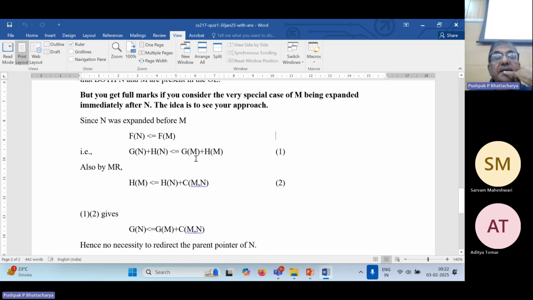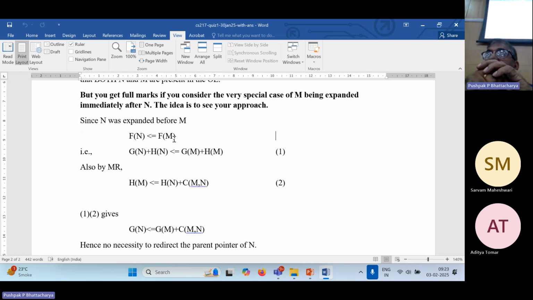In that case, the value Gm cannot be less than Gn. If the path of M to S has a part passing through N, then how can Gn be more than Gm? So this is one subtlety which requires to be considered.